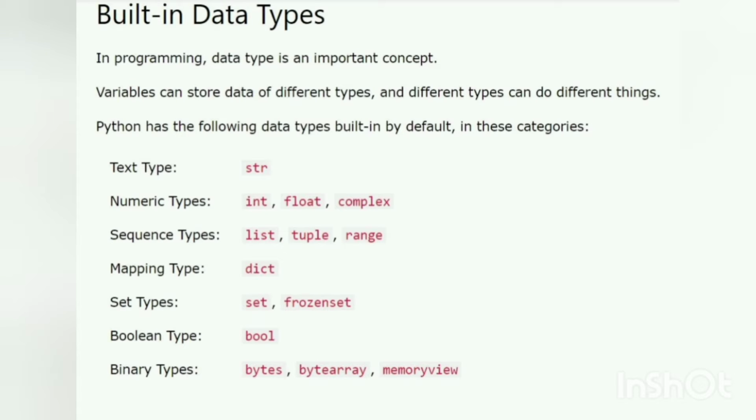These variables can be of a particular data type in a programming language. Python has some built-in data types, that is string, integer, float, list, tuple, dictionary, boolean, etc. So let us see today integer, float and string related data types.